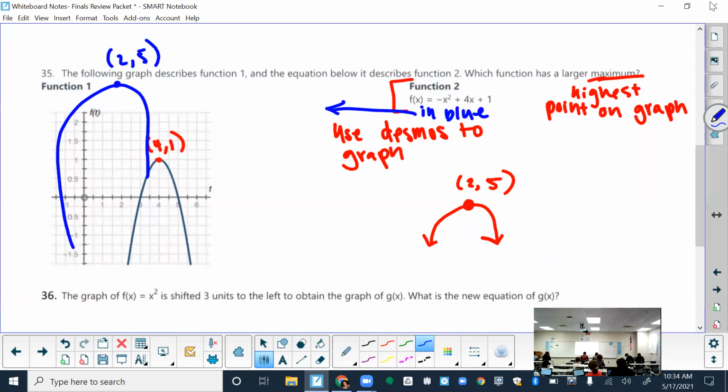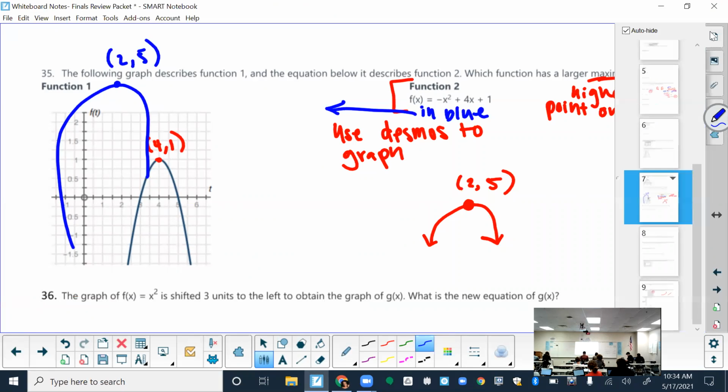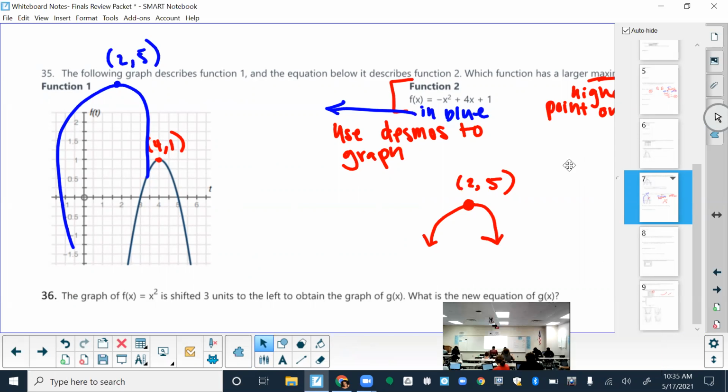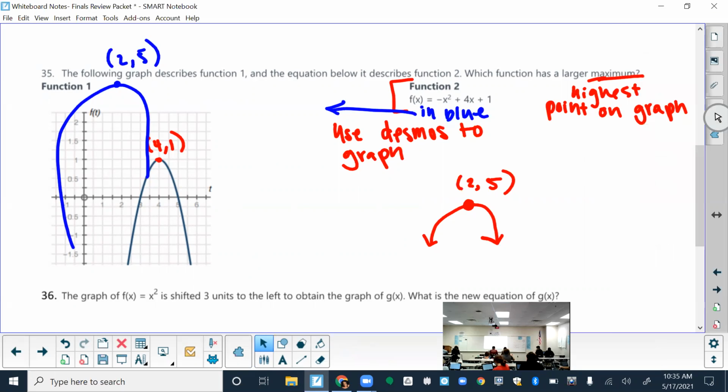Now, are there any from the packet that you would like to see worked out? The ones that you got wrong and you don't know why they're wrong, or the ones that you didn't even know where to start? I know people forgot about average rate of change.